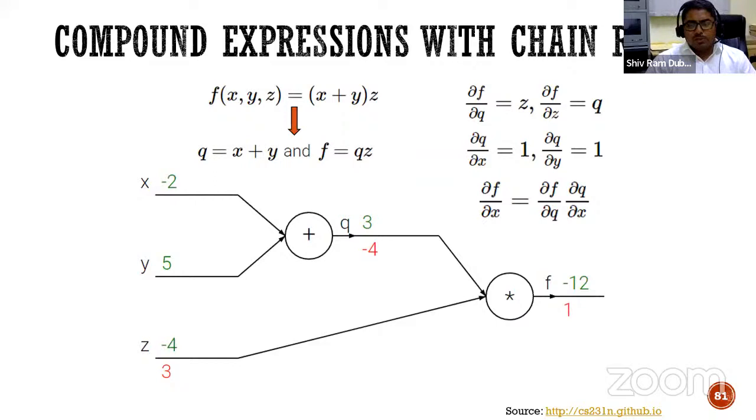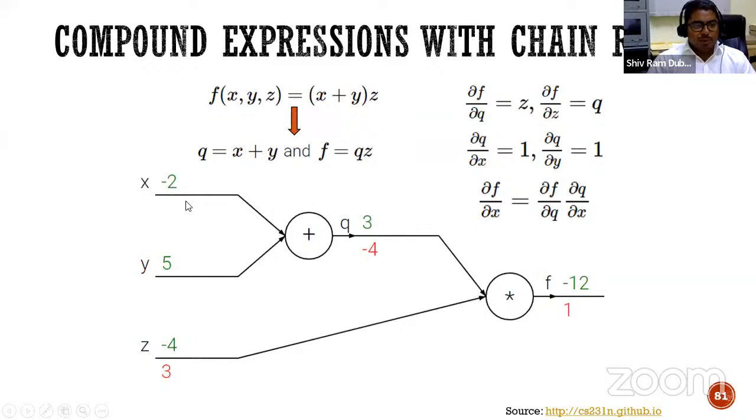And once we have this del f by del q, and we are interested to compute del f by del x, how can we compute it? Using chain rule, del f by del x is nothing but del f by del q into del q by del x. We have already computed del f by del q, which is -4.